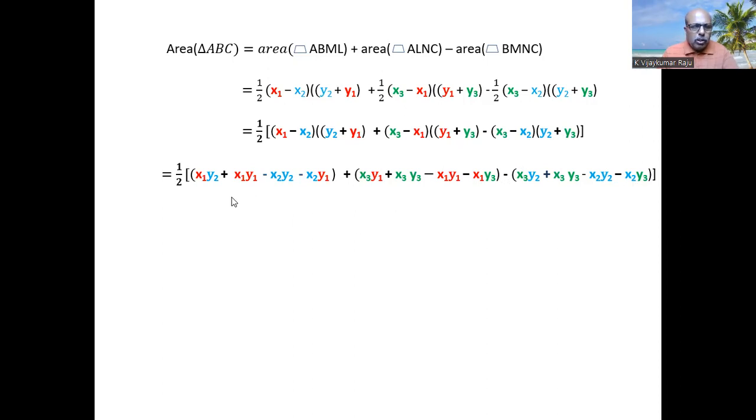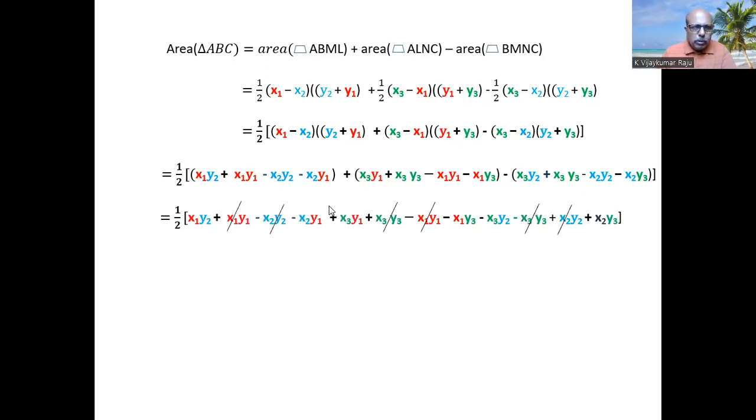Okay. Let's open all the brackets. This is all positive. Nothing happened. Copy them as it is. Here there will be a change. This becomes negative. This becomes negative. This becomes positive. This also becomes positive. So plus x1 y1 minus x1 y1 cancels.